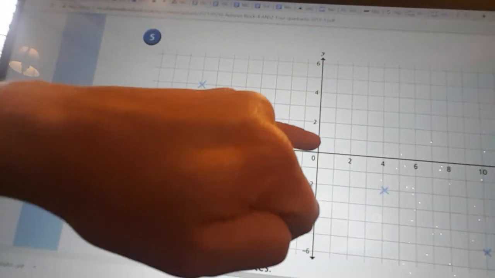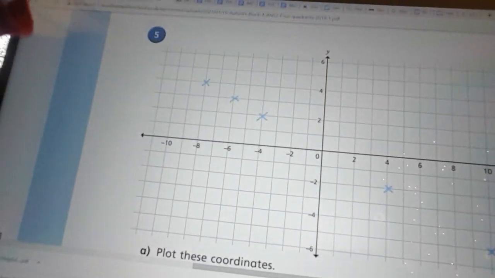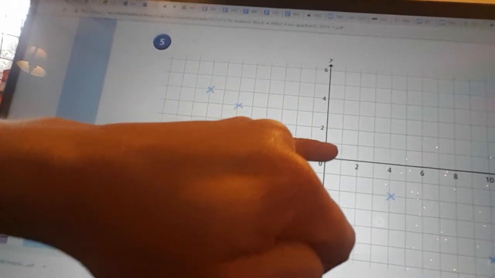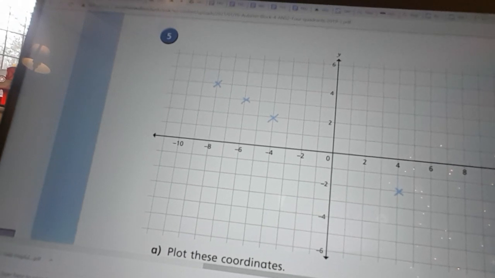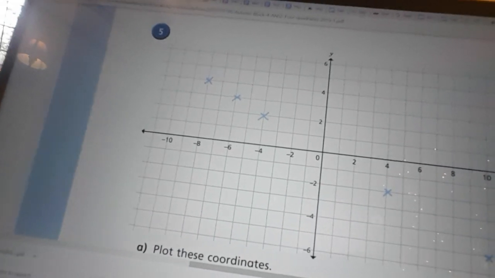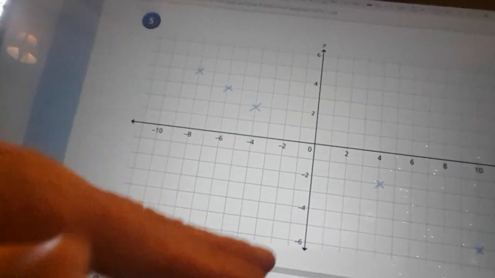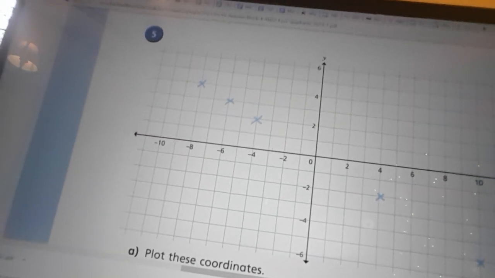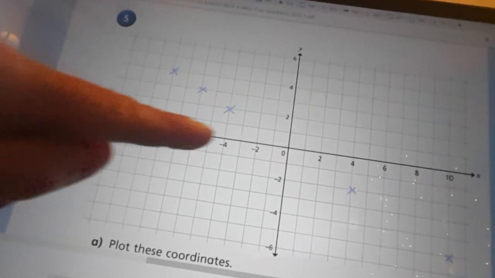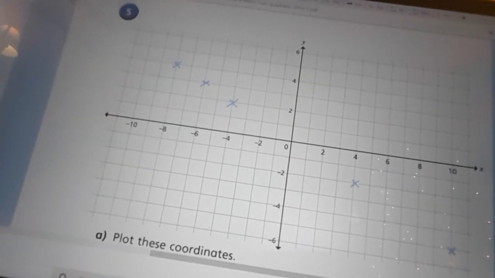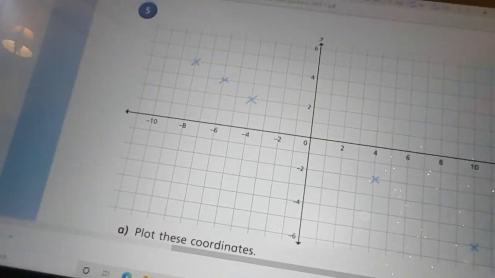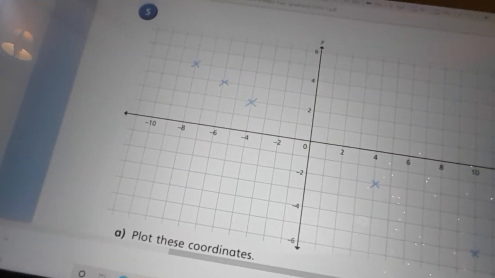There's a 0 in the middle here, and then positive as you go up the Y axis, and then positive as you come along this X axis here. Just study where those positive and negative numbers are and which sections they are. And it's always the number that you read across the corridor first that comes first, across the x-axis, and then the y-axis. All right?